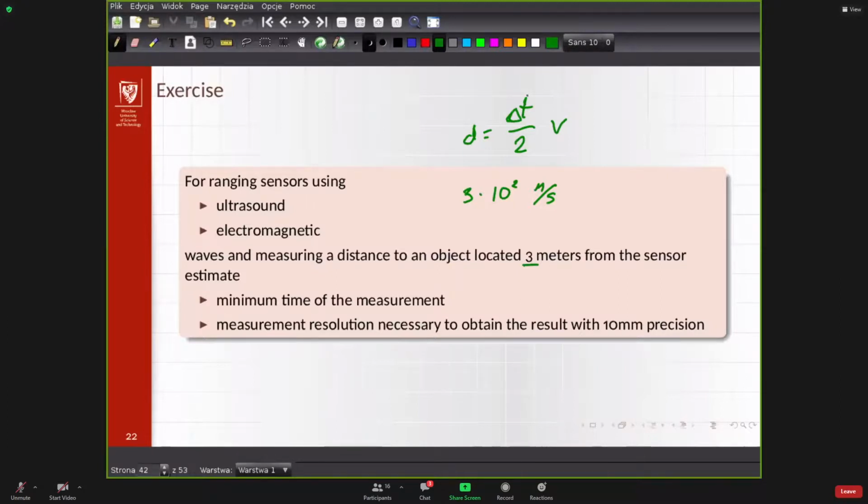We just take the inverse of this formula, asking what is the delta t when we know that the distance is 3 meters and the velocity is 300 meters per second. And that's how we get this time of the measurements.